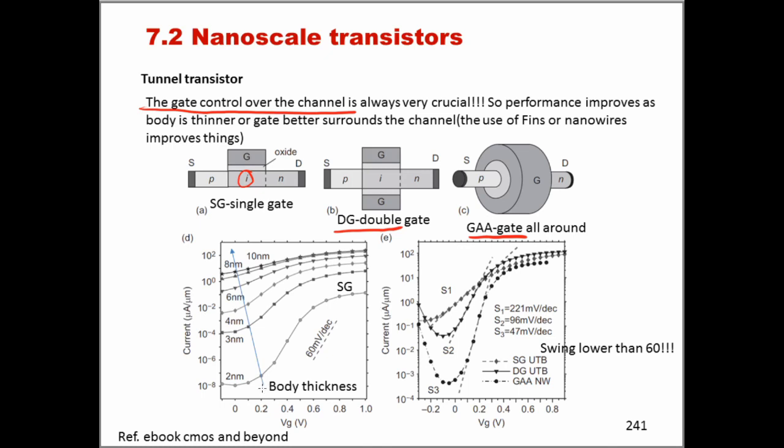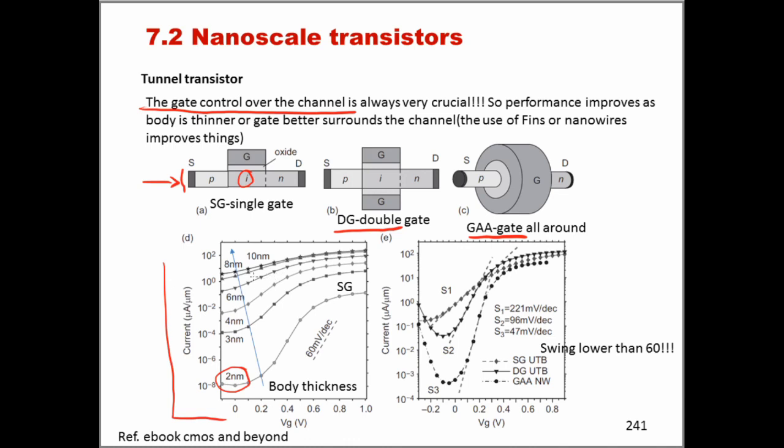Because the control of the gate is also extremely important here, we can see in this plot that if the thickness of this layer of semiconductor is not small enough, and small enough means 2 nanometers, for example, then we may effectively lose the transistor behavior.